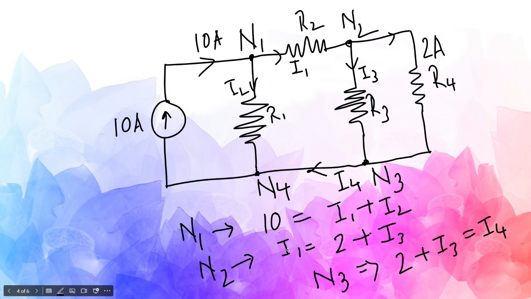And finally, from node 4 we can create an equation like I4 equal to I2 plus 10 ampere.